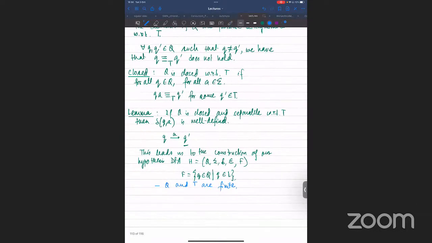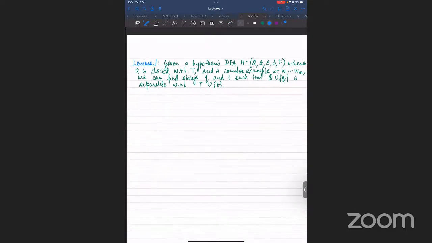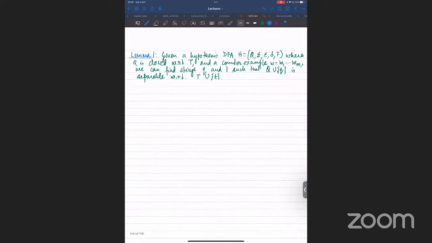Now let's write an important lemma, which I have already written down. Suppose you were given a hypothesis DFA H, where Q is closed with respect to T. Okay. And suppose with this hypothesis DFA, what do you do?